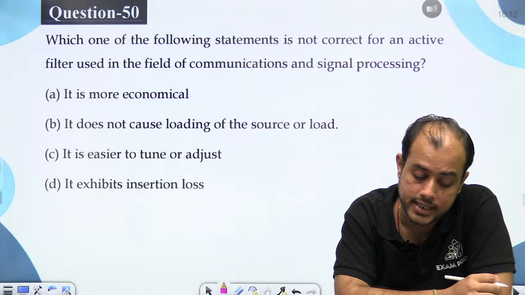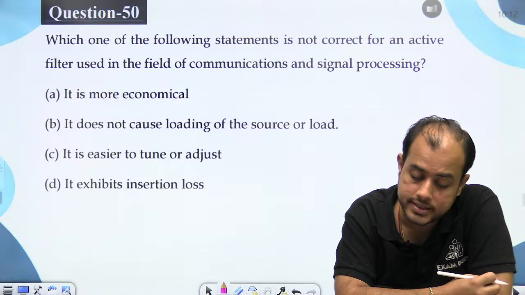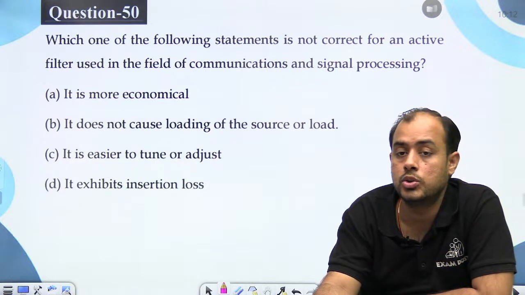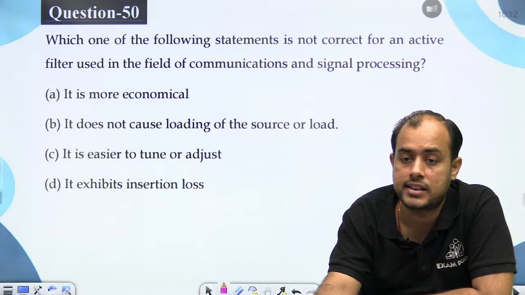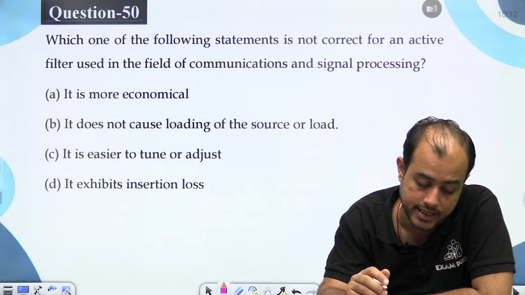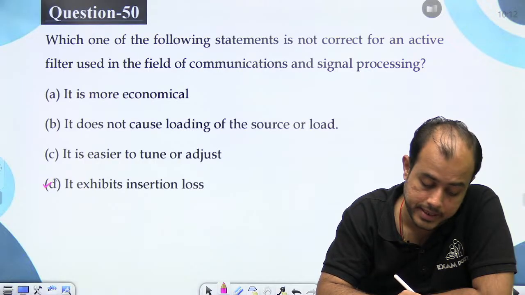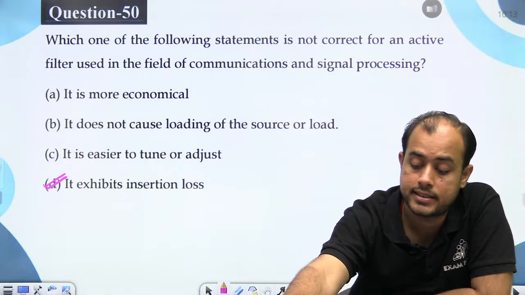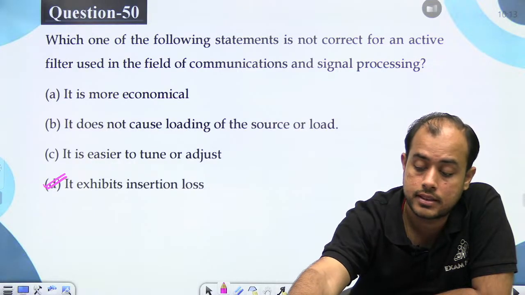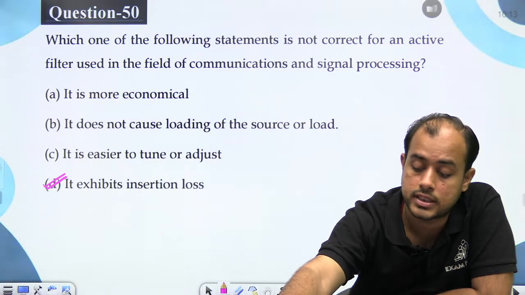ESE 2020. Which of the following statements is not correct for the active filter used in the field of communication and signal processing? एक्टिव फिल्टर के बारे में क्या सही नहीं है? It exhibits insertion loss. Okay. तो एक्टिव फिल्टर क्या होते हैं बेटा?